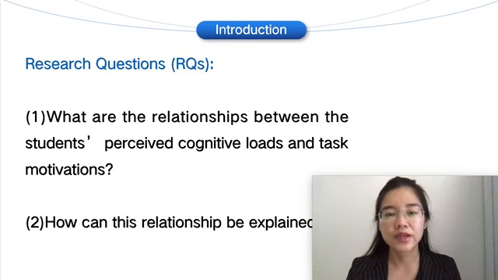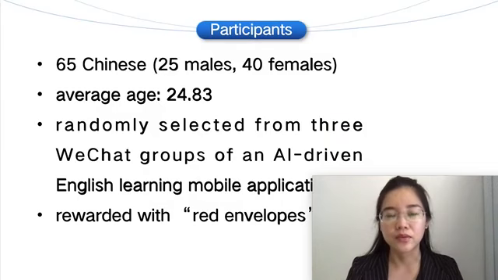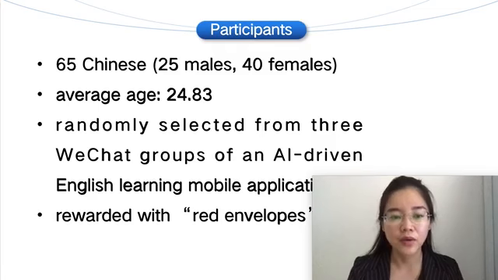So based on the previous discussion, we aim to answer two research questions. The first one is, what are the relationships between the students' perceived cognitive loads and task motivation? And the second research question is, how can we explain this kind of relationship? To answer these questions, we recruited 65 Chinese participants from WeChat groups of an AI-driven English learning mobile application.